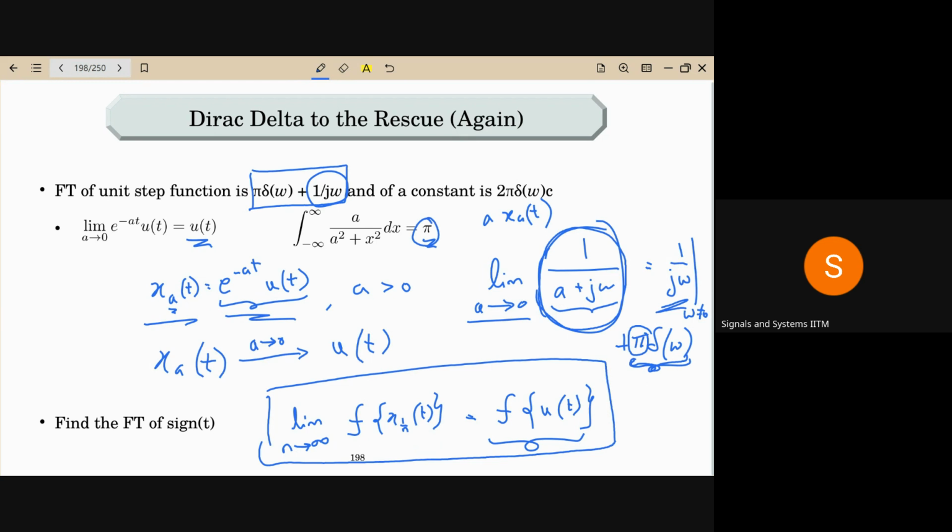Yeah, the Fourier transform typically represents the amount of frequency components that is present. So let's get some intuition. What are the frequency components present in the unit step function? If you for a moment ignore the part where there is a steep rise from 0 to 1, then the only frequency component present here is the DC component, right?